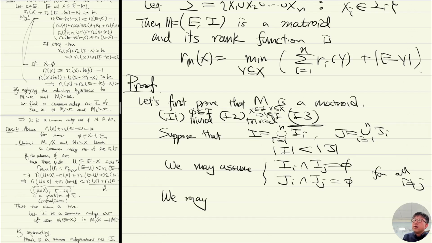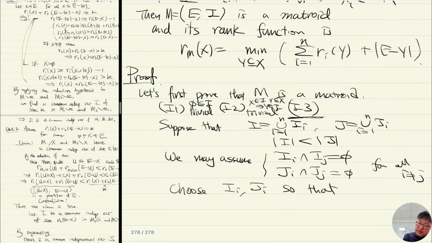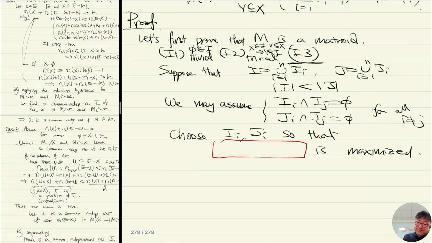Now we choose Ii and Ji so that something is maximized. I'm going to decide this quantity later.